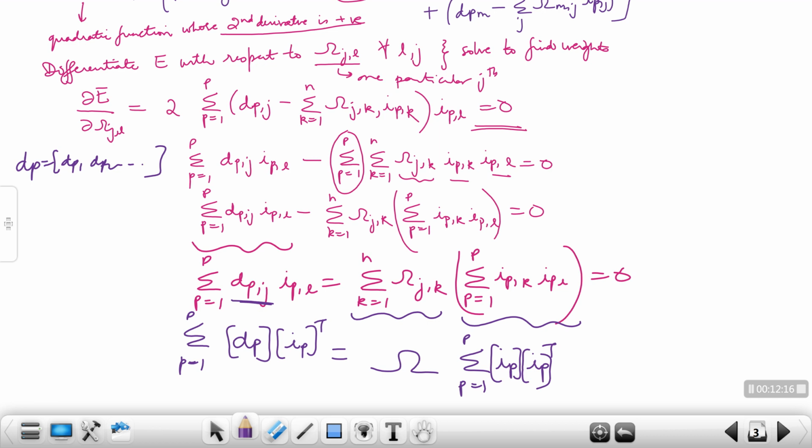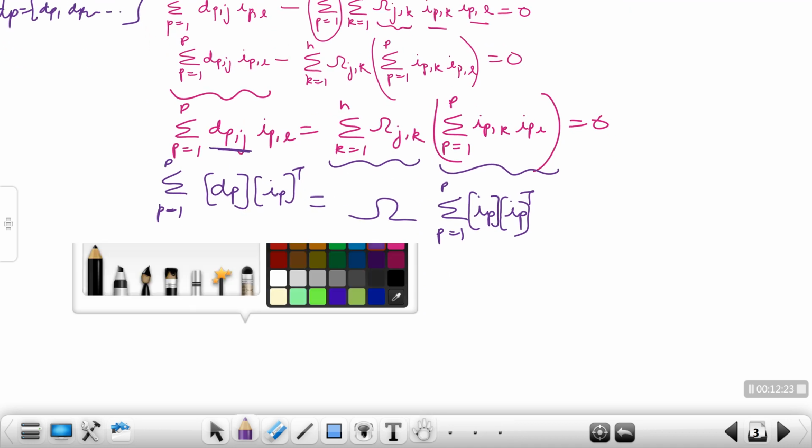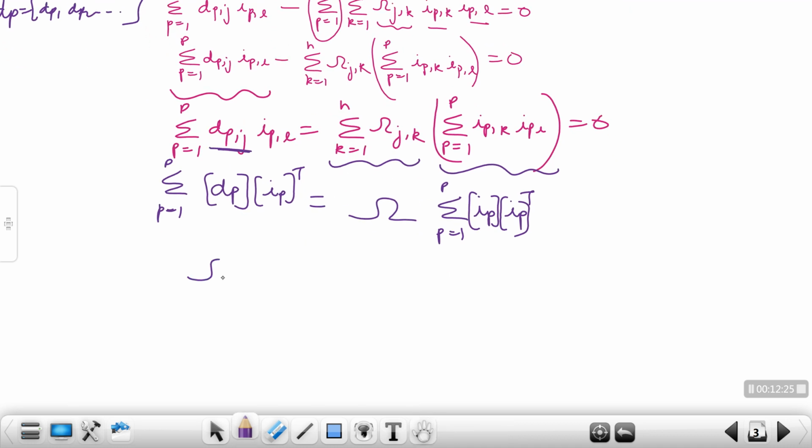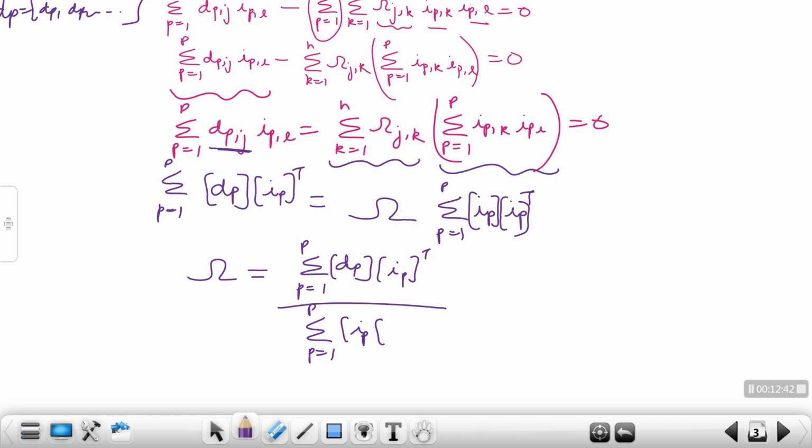Okay. So now we need to find the value of omega. How do we find the value of omega? To find omega, the value will be the sum over p equal to 1 to capital P of dP IP, and the denominator would be nothing but the sum over small p equal to 1 to capital P of IP and IP transpose.